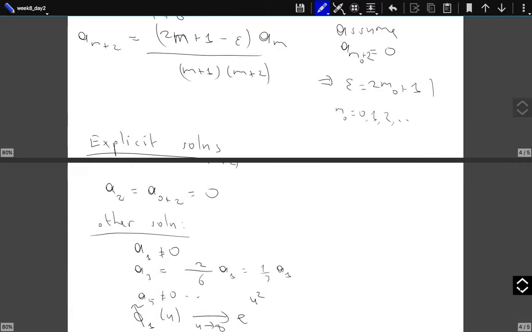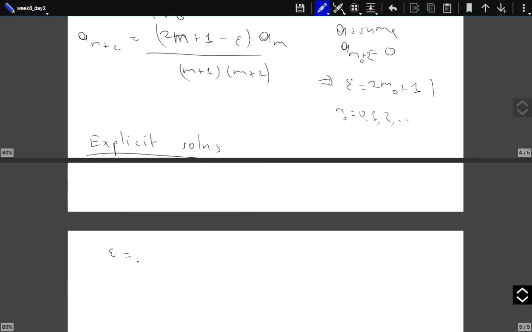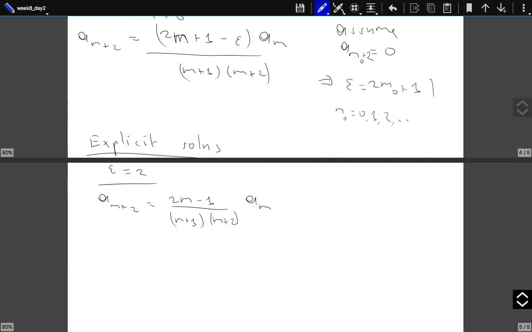Now let me look at the case epsilon equal to 2. A of m plus 2 is equal to 2m minus 1 over m plus 1, m plus 2, am. Let me put m equal to 0. A2 is equal to minus 1 over 2, A0.